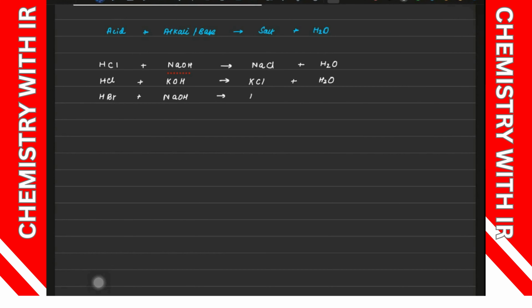With NaOH it would form NaBr, this is your salt, then H2O. And if you have HBr and KOH, again you would see KBr and water.